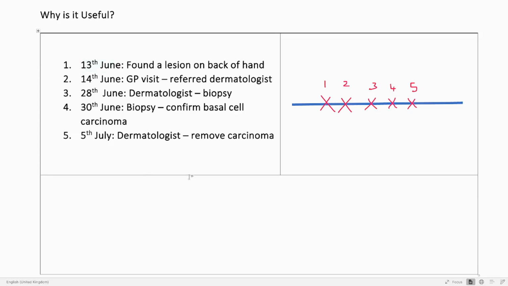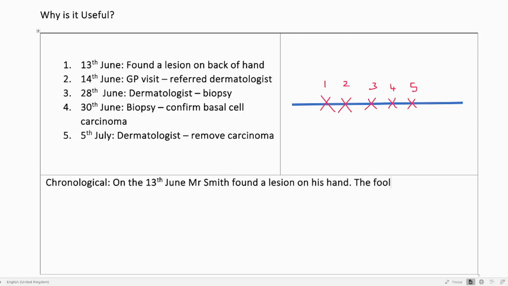Okay, let's write that chronological. Chronological means following the order of time. Okay, on the 13th of June, Mr. Smith found a lesion on his hand.